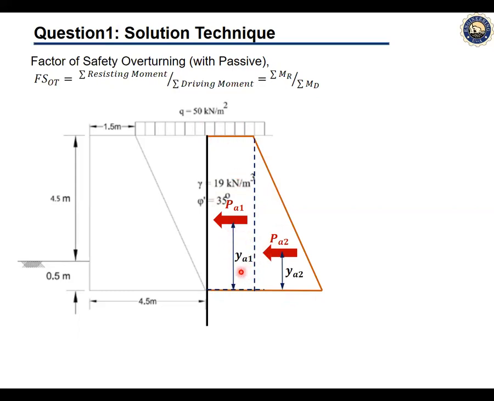Now, if we know the moment arms YA1 and YA2 about this point, taking moments gives PA1 times YA1 plus PA2 times YA2.